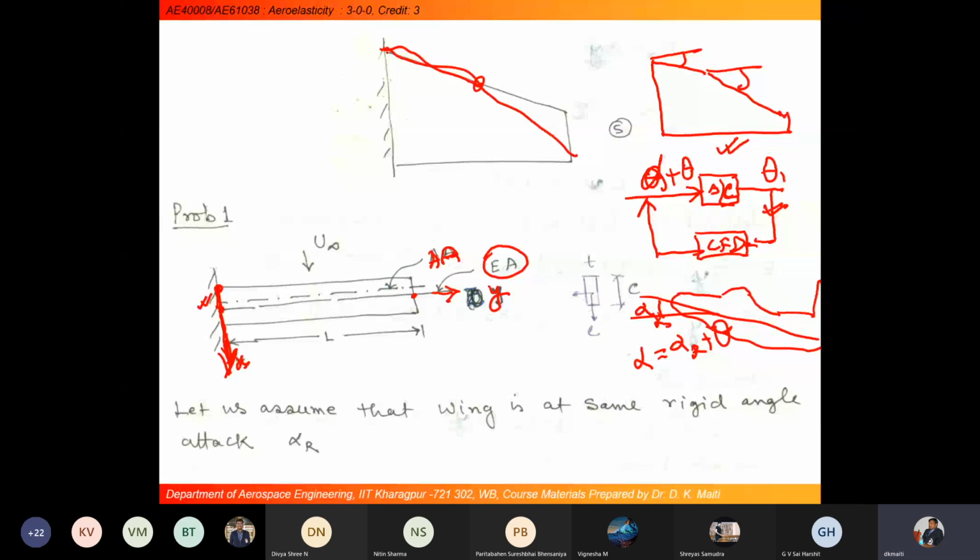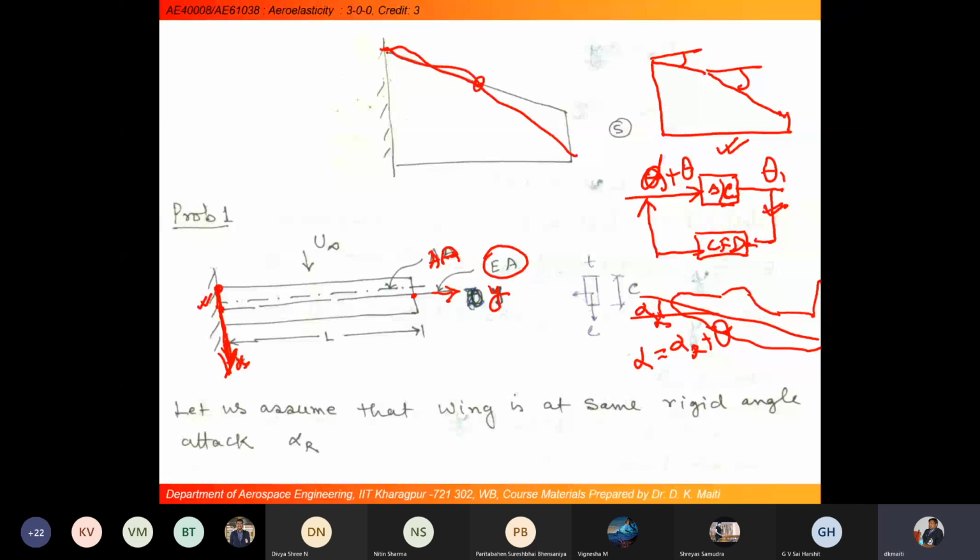Because along the cross section theta will change. The assumption here is that whatever torsional rotation there is, that will be about the elastic axis. That means along the chord length, it will be constant.